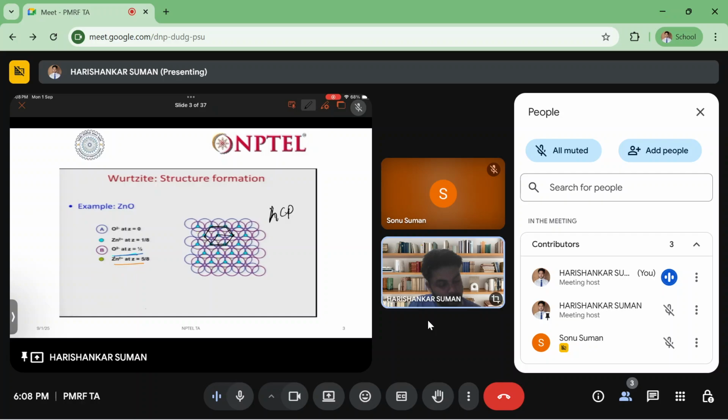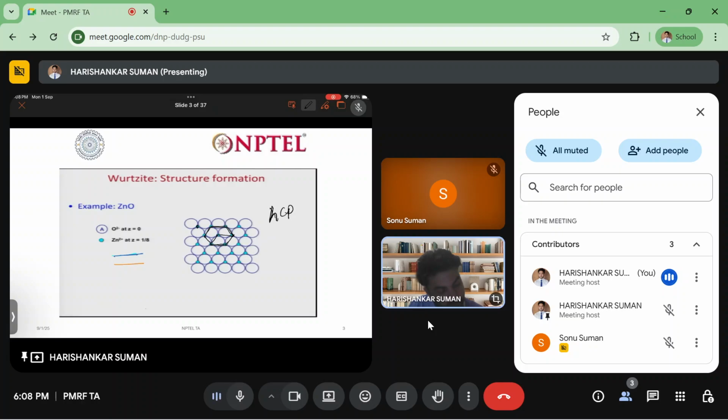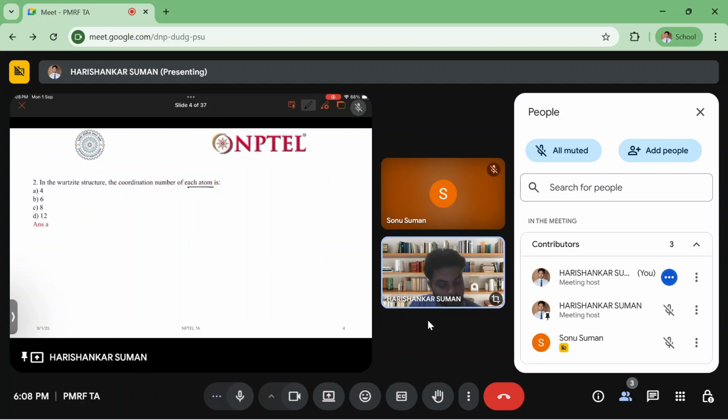You can see from here what will be the coordination number of each atom. Let's say this atom, 3 are below, then 1 on top. So the answer will be 4. Clear? So let me draw again.